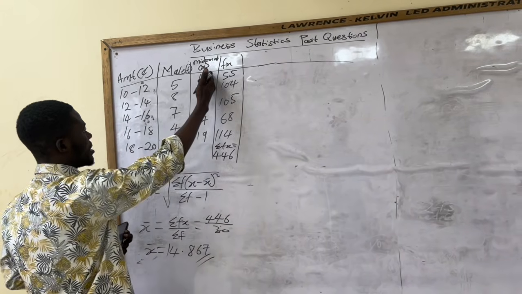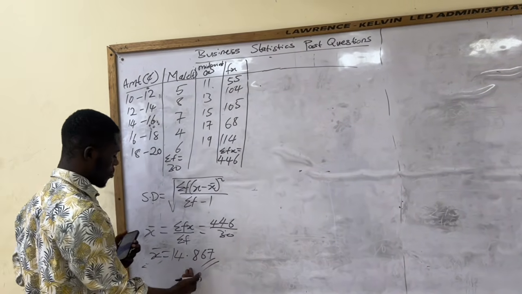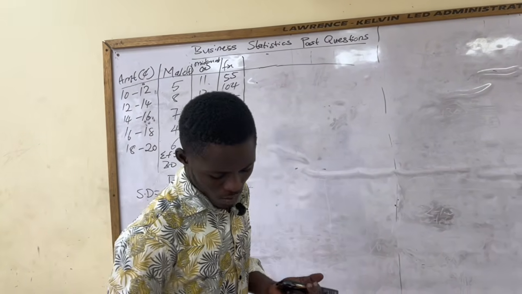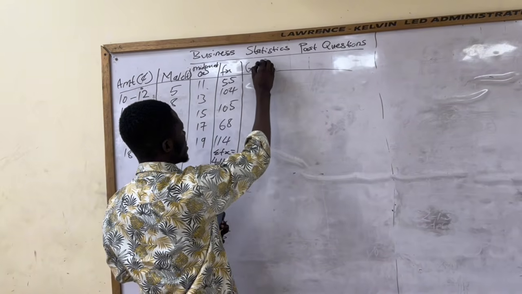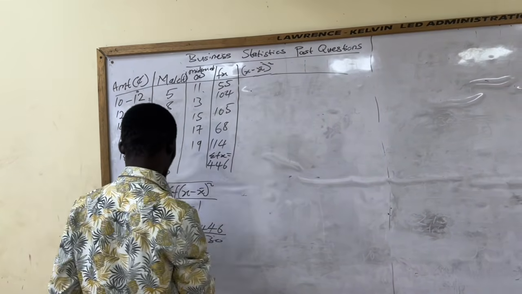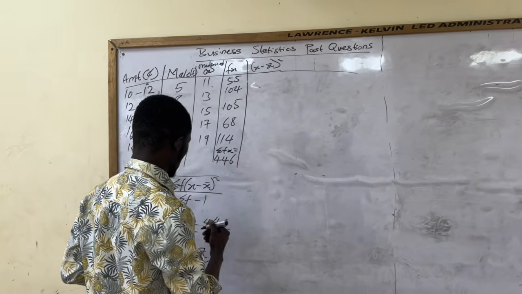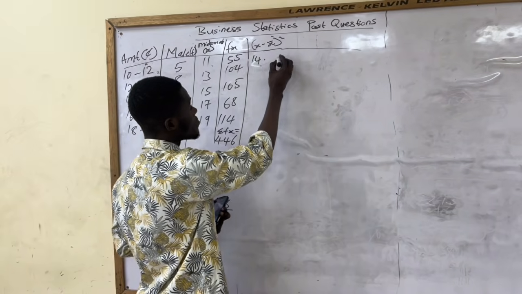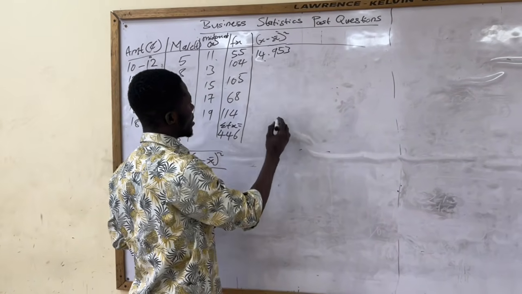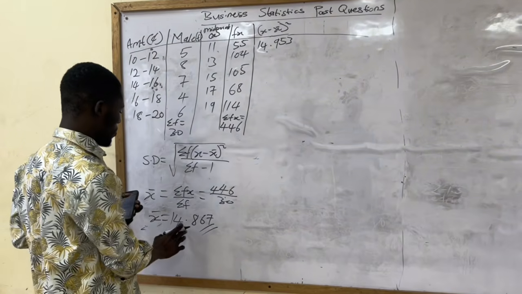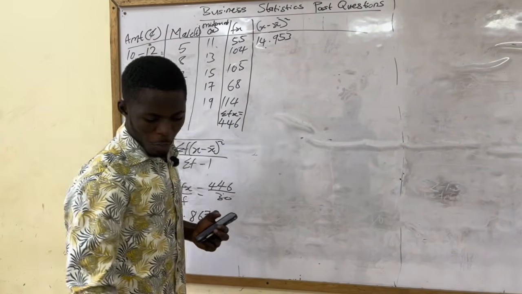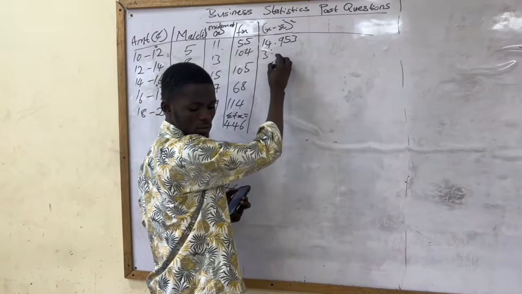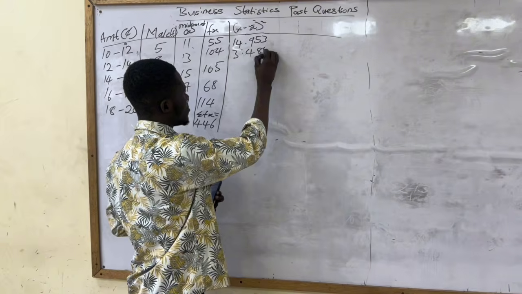So x minus mean all squared. We have 11 for the first x. So 11 minus 14.867, all squared, will give you 14.953. Okay, so 13 minus 14.867, if you point it all squared, you get 3.485.